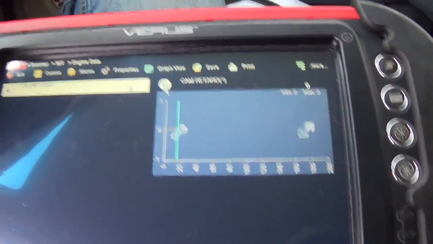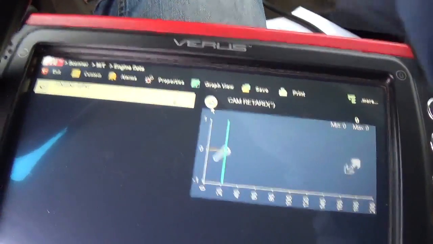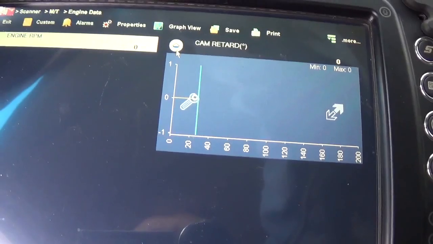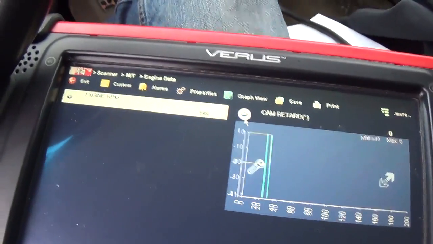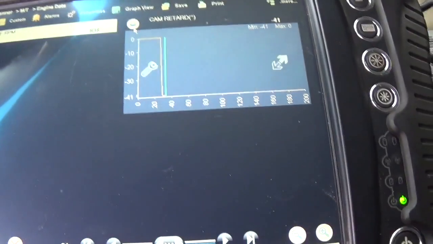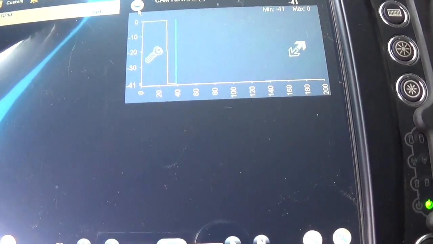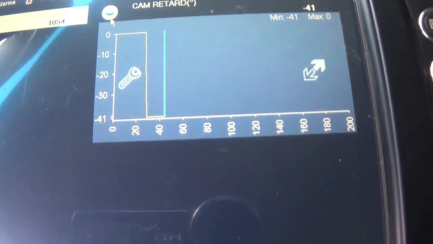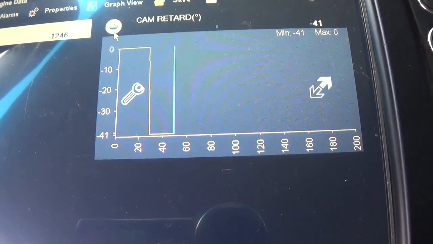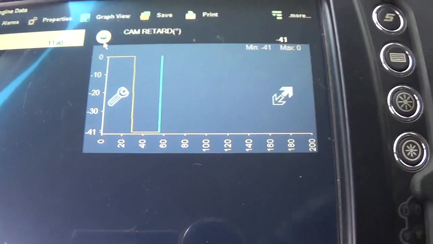So now that we got the truck running, let's look at this cam retard data PID. Minus 41, holy crap.